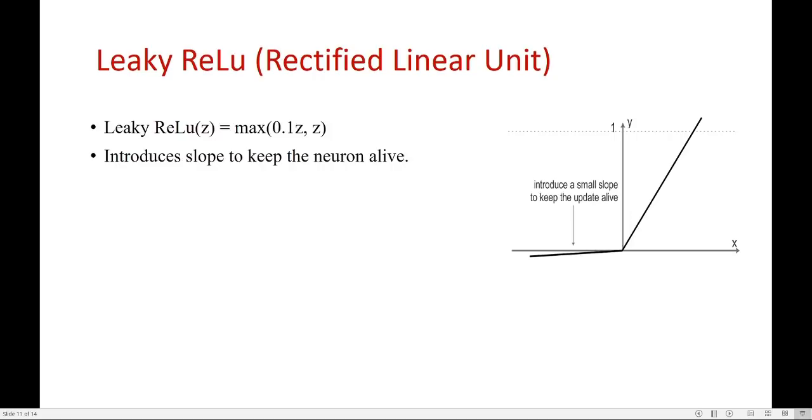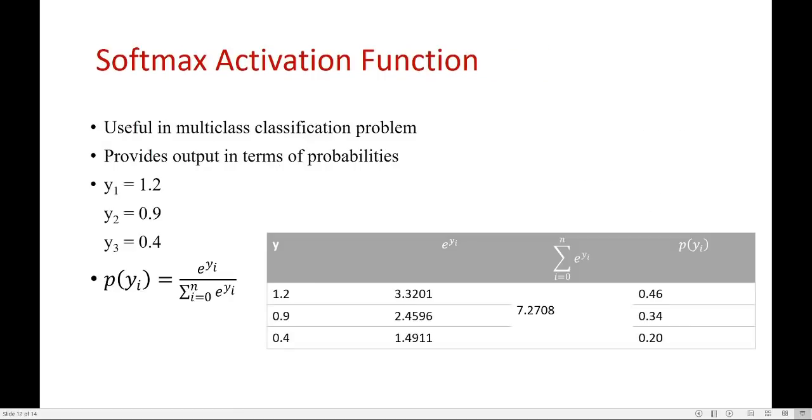So the output from the Leaky ReLu function will be max of 0.1 into z, or z. It will introduce a small slope to keep that neuron alive, meaning some kind of learning will be there in the neuron.